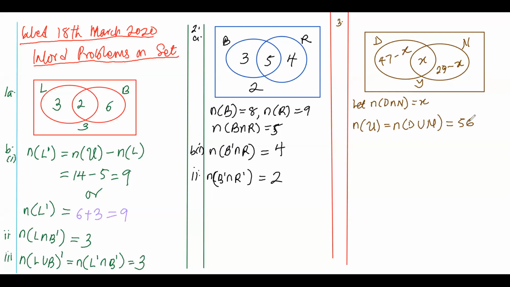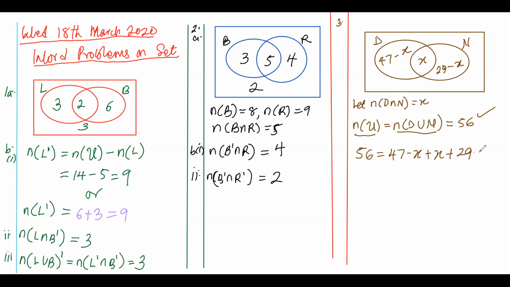Exactly. So in that case, even if our y is a variable, y is automatically 0, and we don't have to put it. Then we can say this universal set is the same as D union U, which we can assign to 56. Is that clear, everyone? Then we can say 56 is the sum of all the regions.